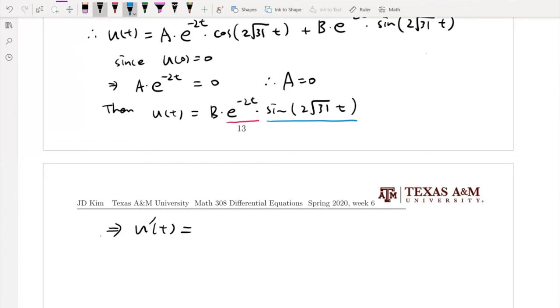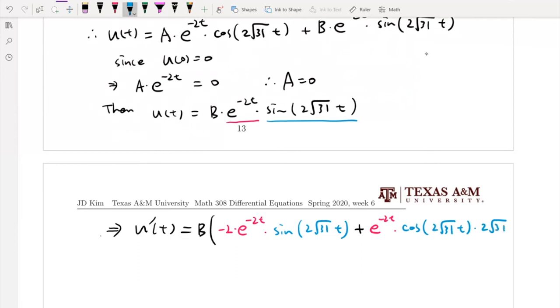By the product rule, let me write B in front, and e to the minus 2t prime, which is minus 2 e to the minus 2t times the second function, the sine of 2 square root of 31 t, plus, because that is the product rule, the first function times the second function prime, which is the cosine function, and don't forget the chain rule. That's it. Let me simplify a little bit. Well, it doesn't matter, we can find the answer directly.